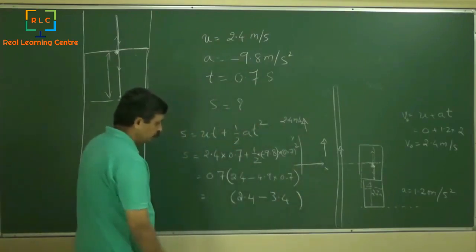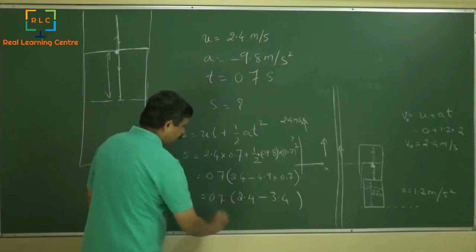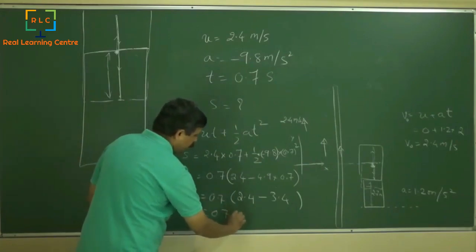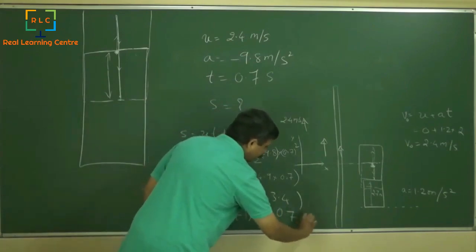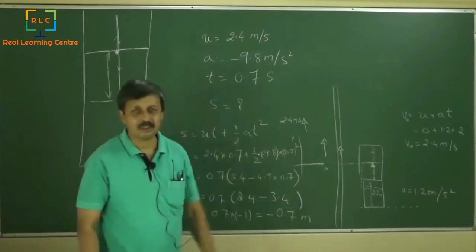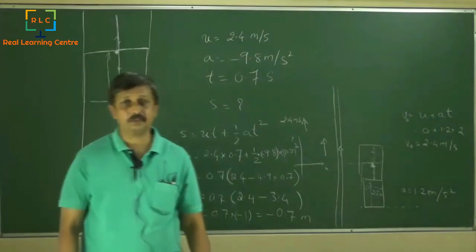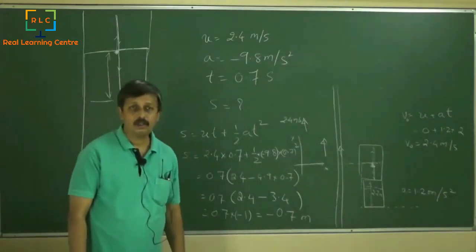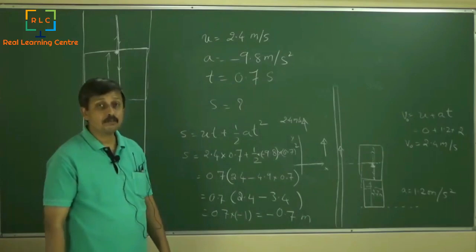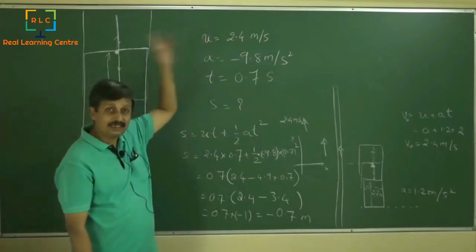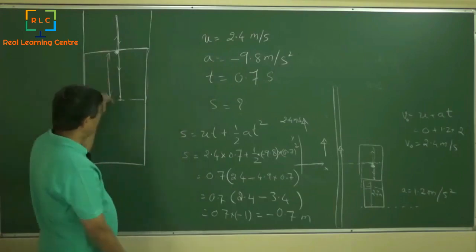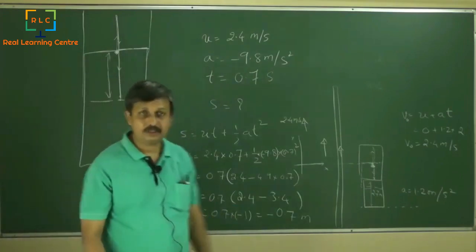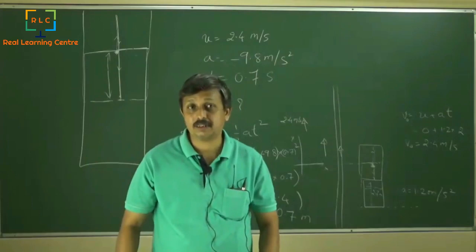So this is nothing but 0.7 into minus 1, which is minus 0.7 meters. A little bit of 0.7 something. So why is it minus? Because we have taken going upward as positive. So this is coming downwards, so it is minus 0.7 meters.